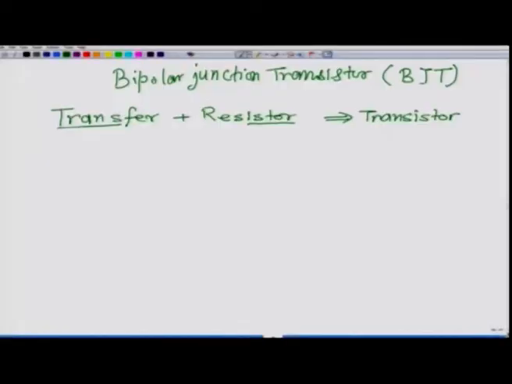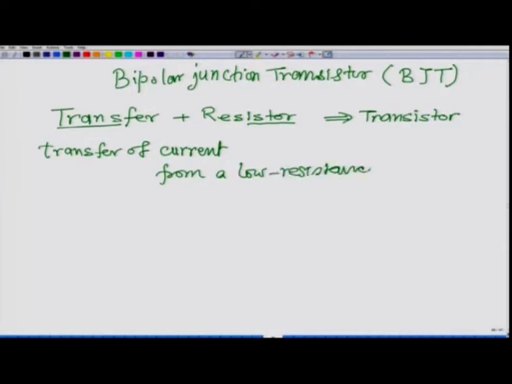So, essentially what is getting transferred and what is the role of resistor? It is a transfer of current from a low resistance part of the circuit to a high resistance part of the circuit.